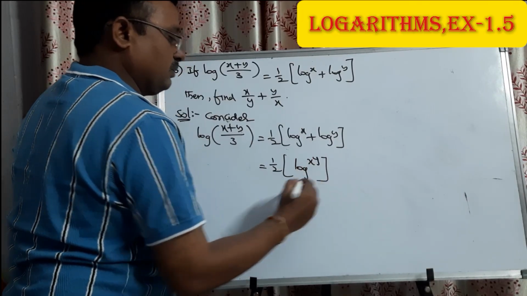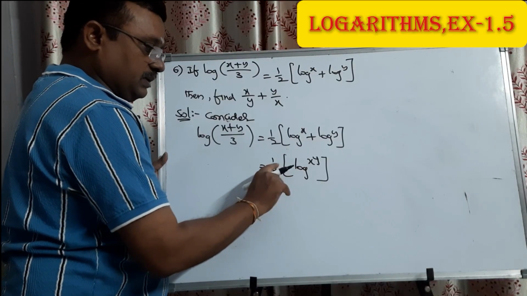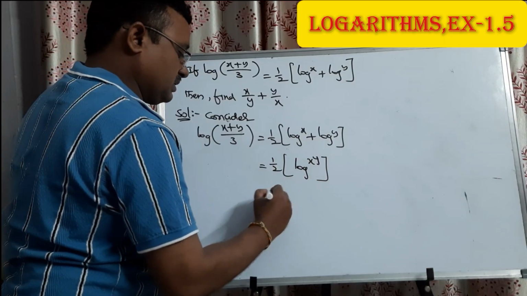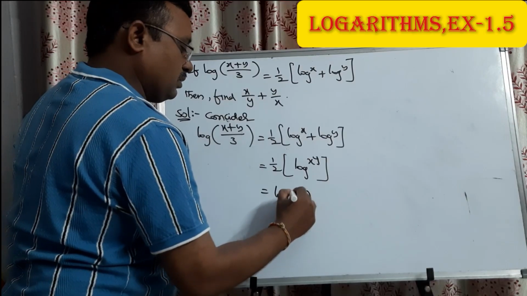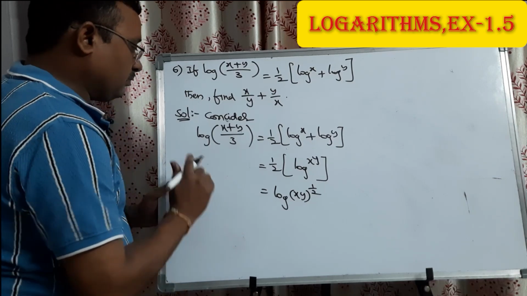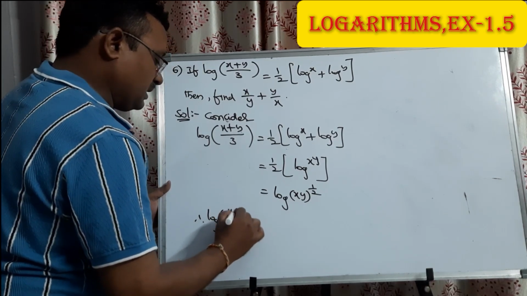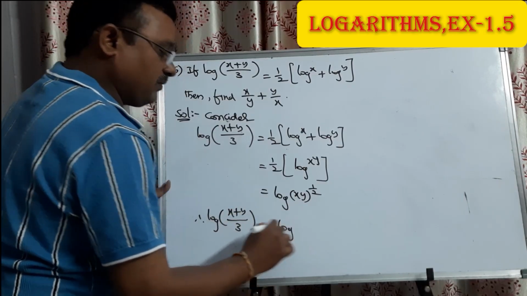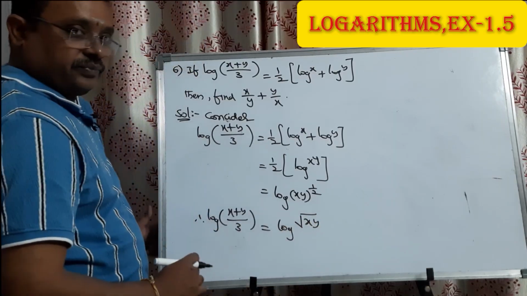Half will become the power of the logarithmic number, so in the next step it becomes log of xy whole power 1 by 2. Therefore, log of (x plus y) by 3 is equal to log of root xy.